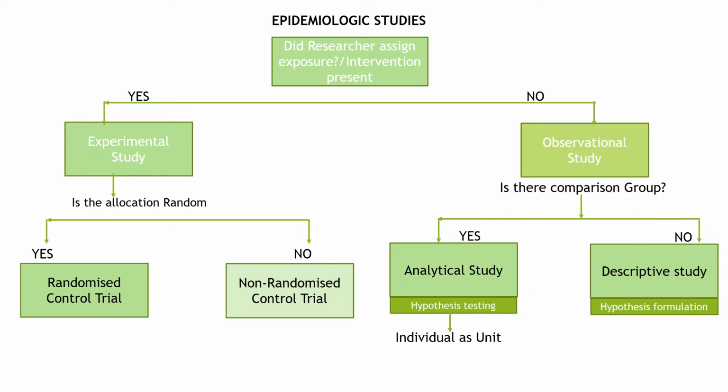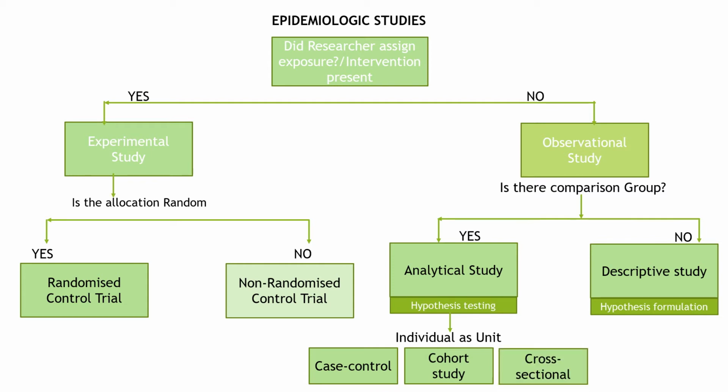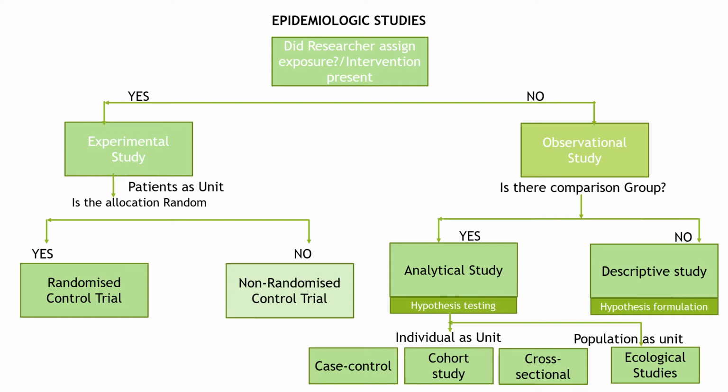Analytical study takes the individual as a unit. Then the different types of analytic study which take the individual as a unit are case control study, cohort study, and cross-sectional study. But when analytical study has population as a unit, then it is called ecological studies.